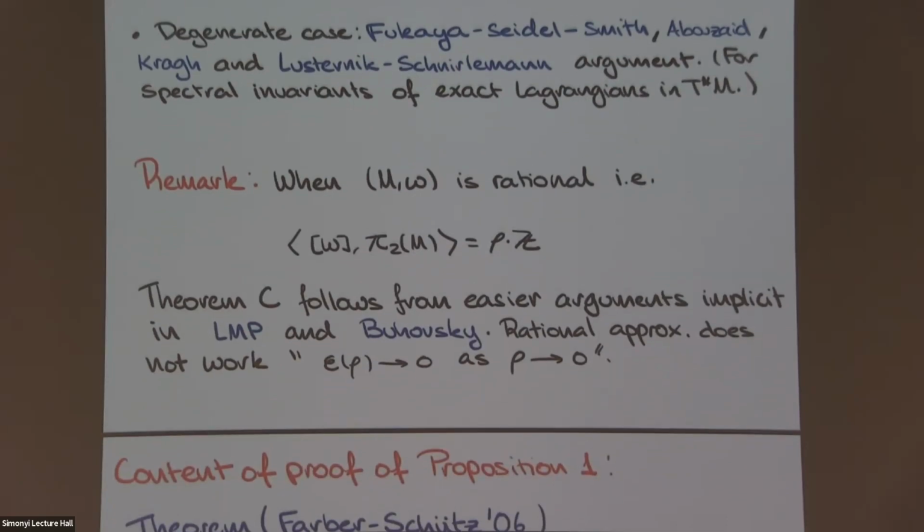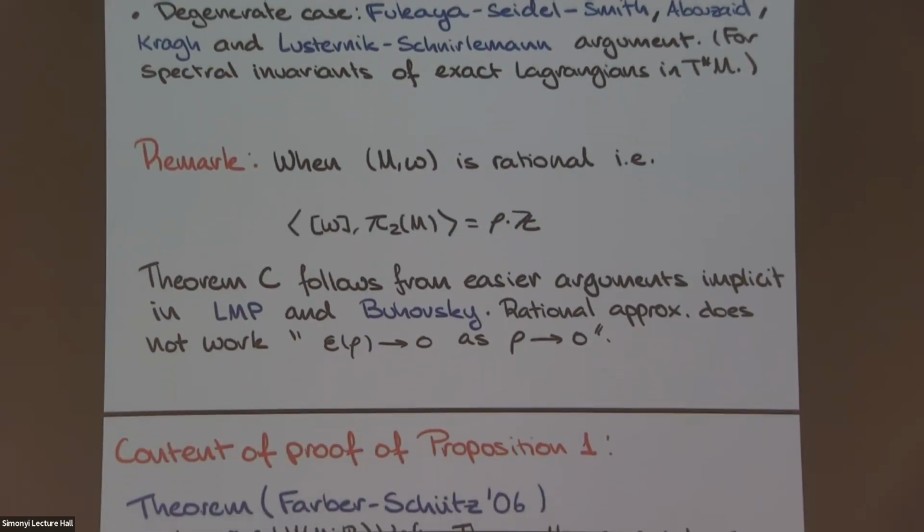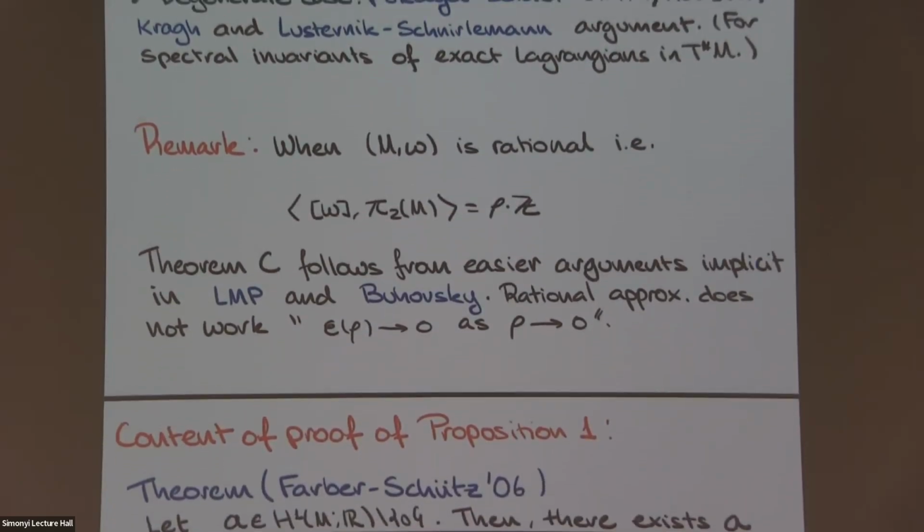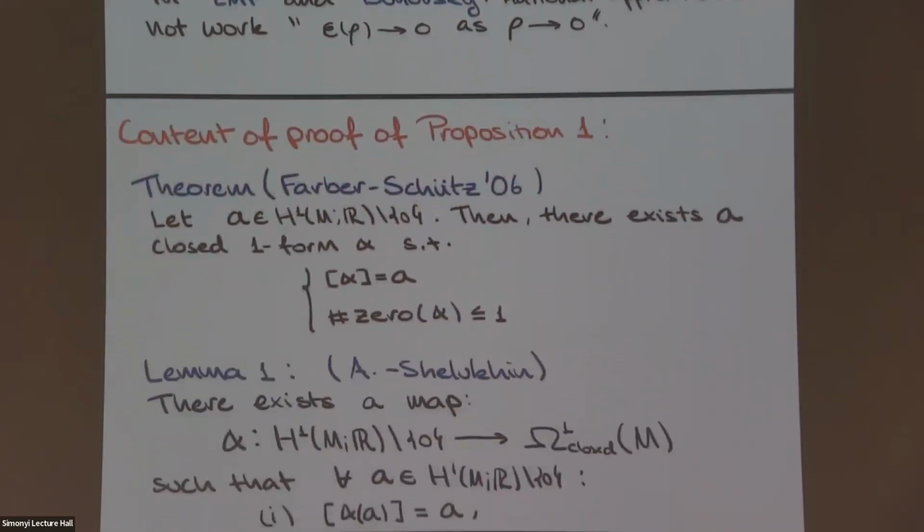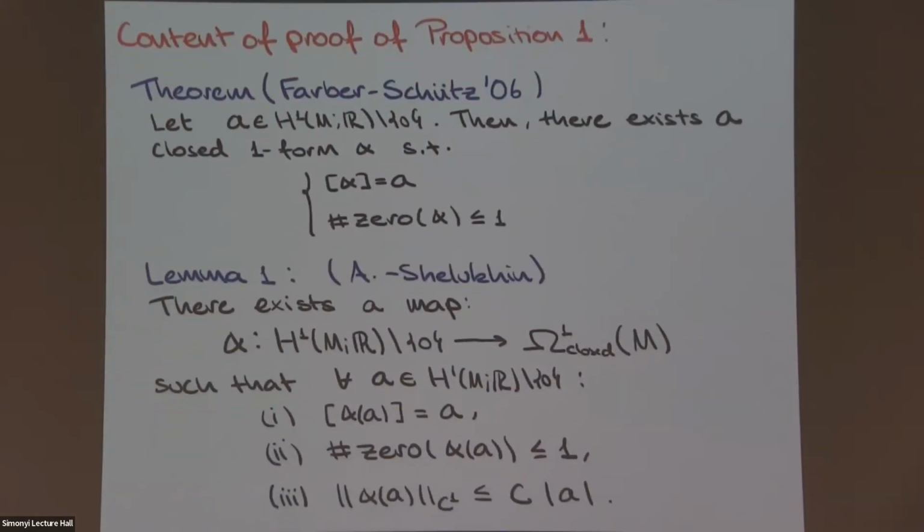So let's go to the content of proposition 1. Now I'm going to spend most of the time constructing this counterexample under the assumption that there's an accumulation point in gamma 0. There's this great theorem by Farber and Schütz from 2006, and it's a theorem about one forms.